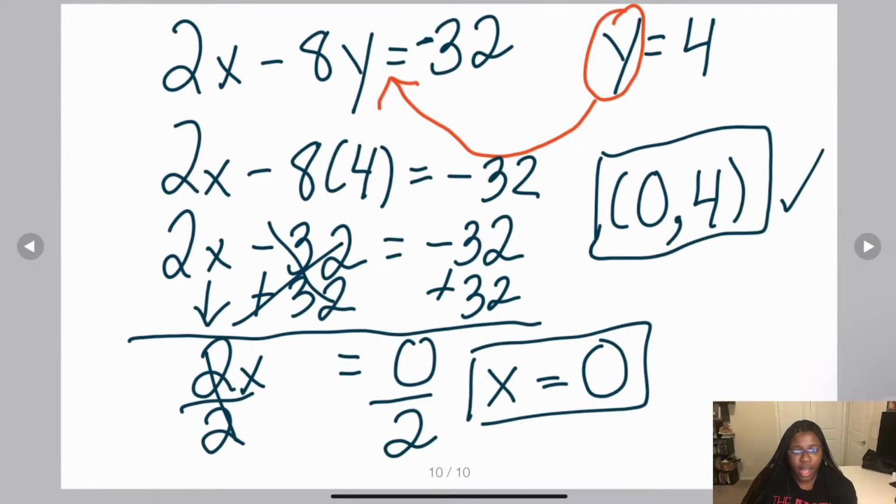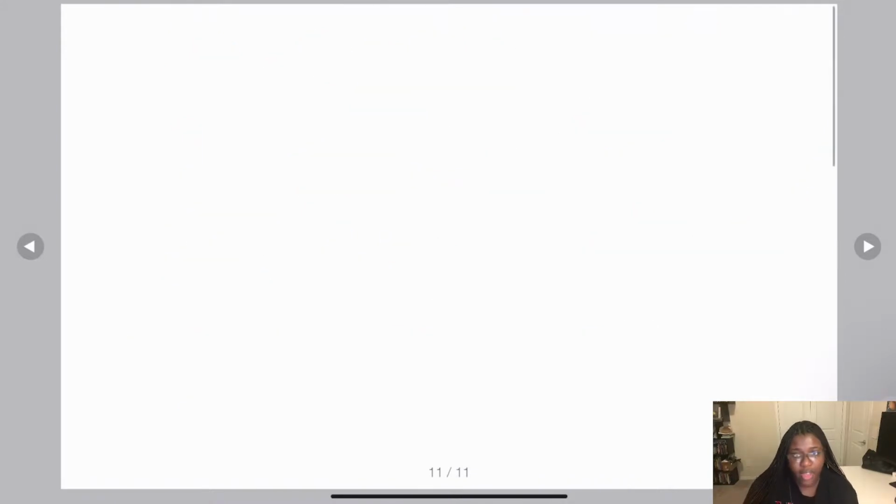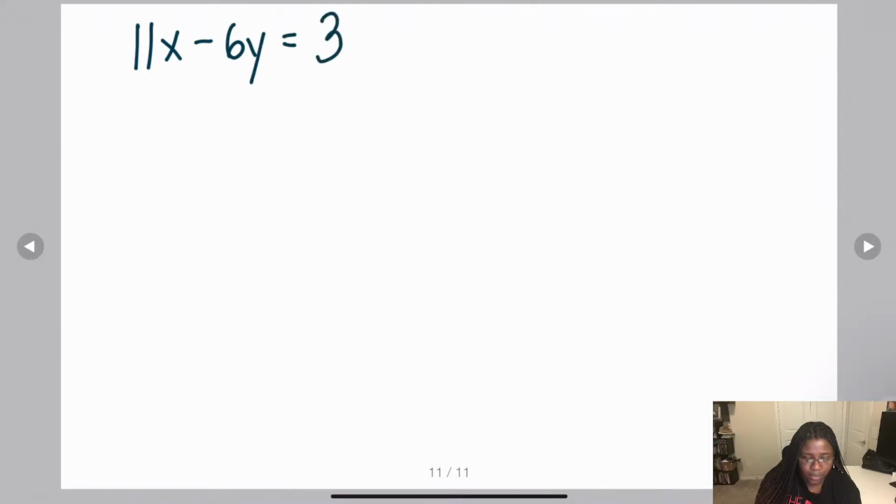So now we're going to do one more example here for elimination, and then I think we'll be at time. Let me find one that's not as tricky. They're all kind of tricky. Let's try this one. So 11x minus 6y equals 3.